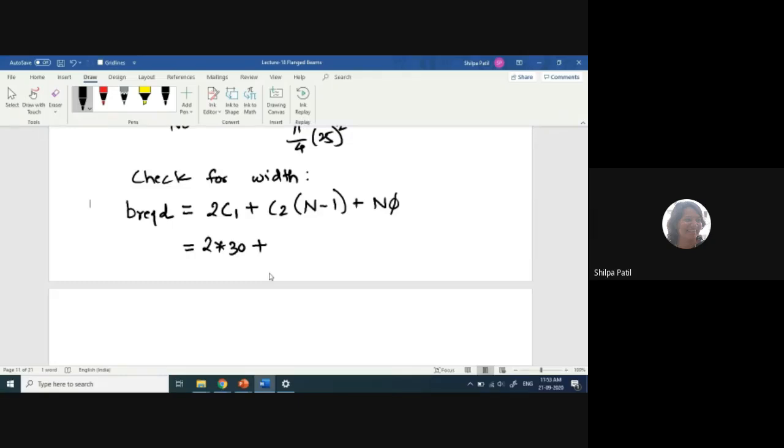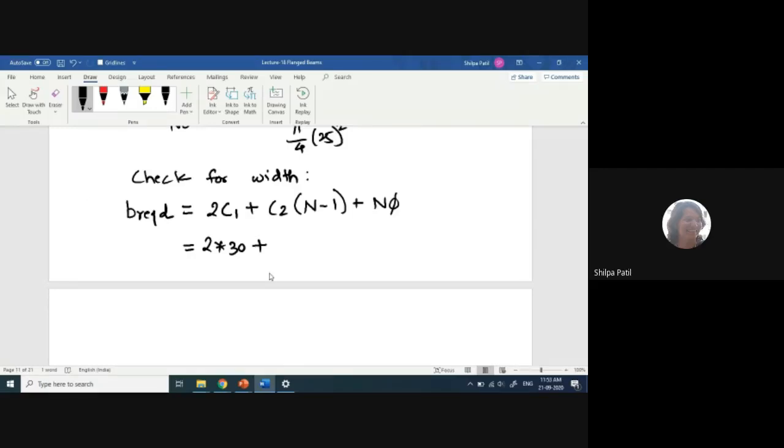It has 3 criteria, and we take the greatest of them. The first is the larger bar diameter. The second is the larger variation in the bar diameter. We have provided all the bars having the same diameter. So first will be 25, second will be 25, and third? What is the third criteria? Maximum size of aggregate plus 5 mm.